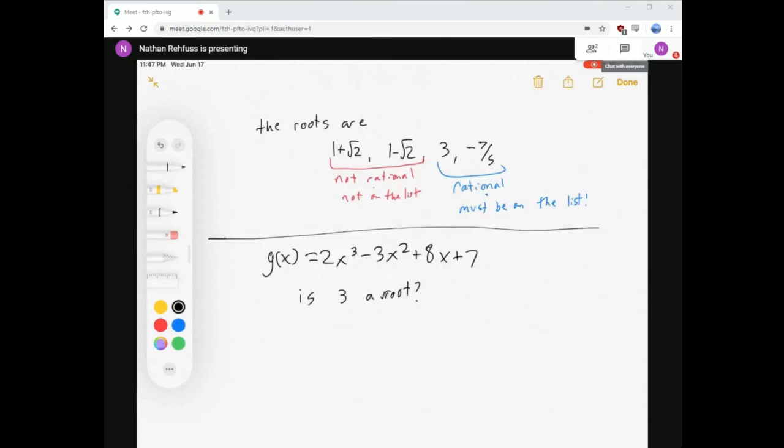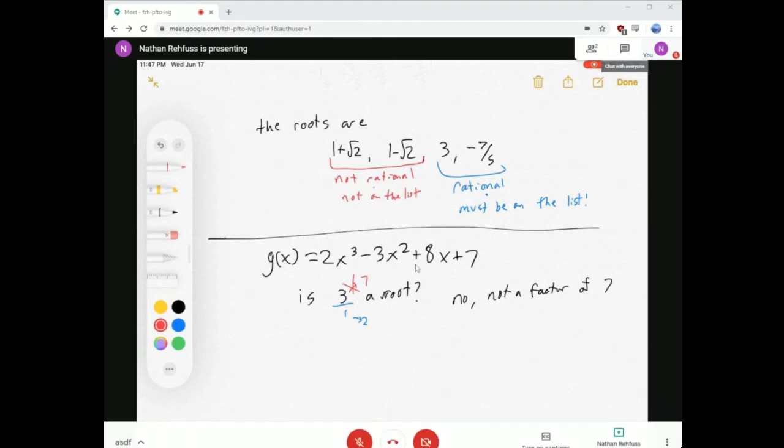And the answer is no, it's not a factor of 7. 3 over 1, 1 works. 1 goes into 2. So this is like 3 over 1. 1 goes into 2 just fine, but 3 does not go into 7. So, can't be a root.